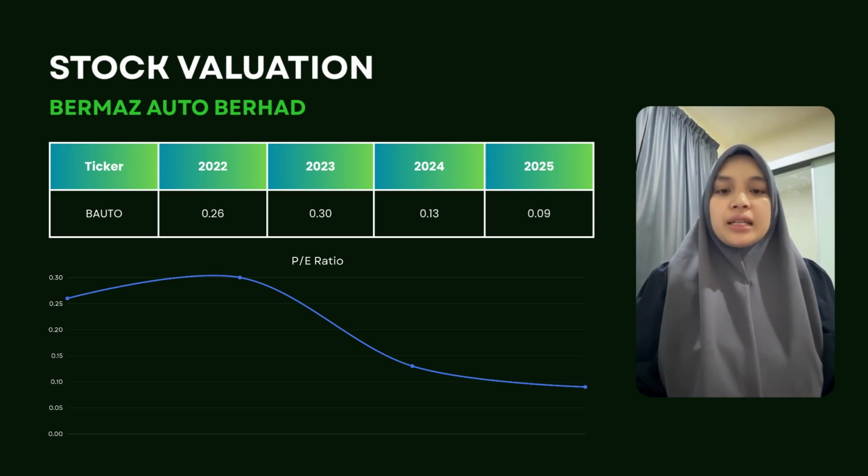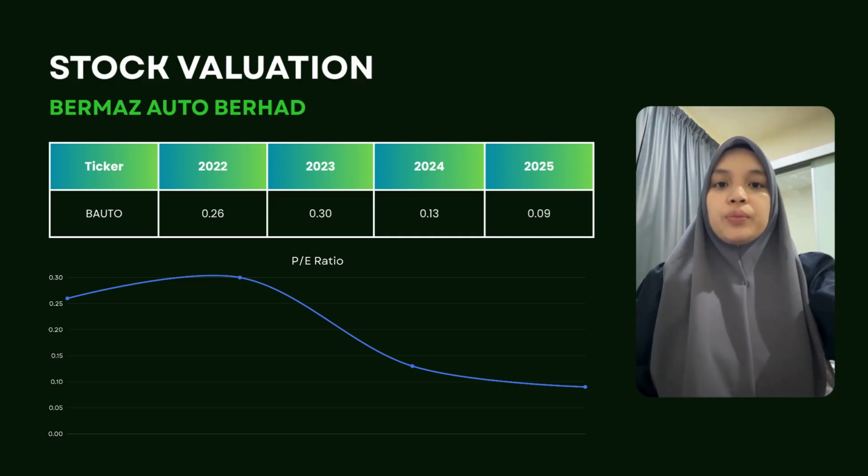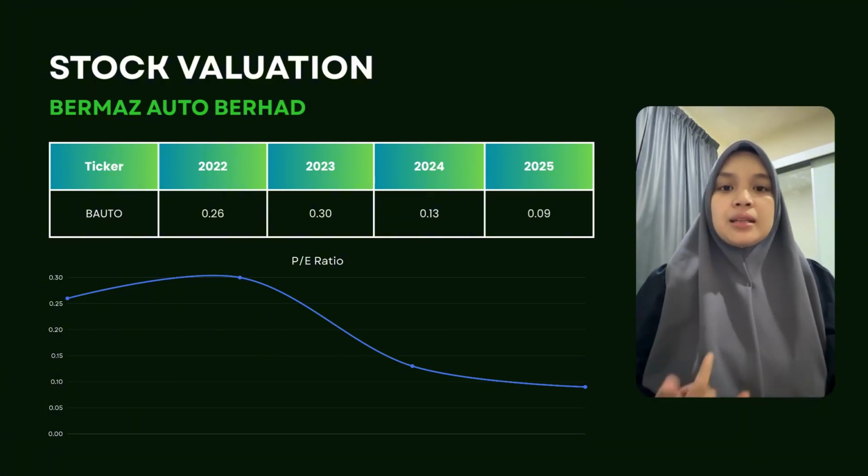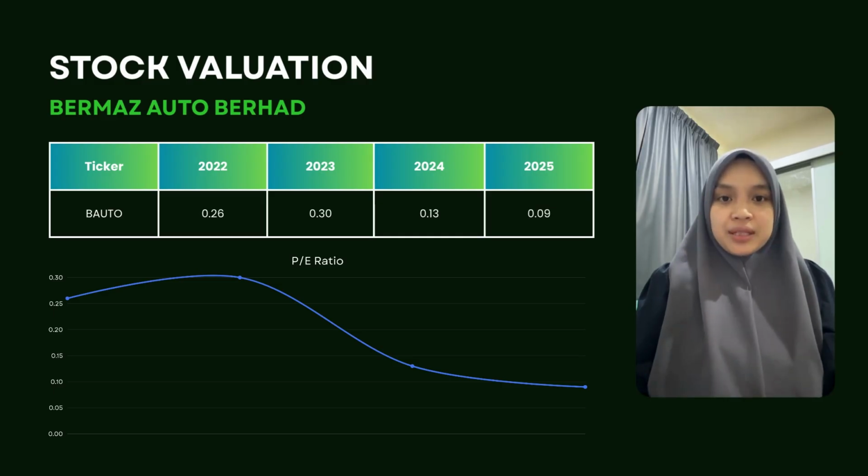However, based on analyst forecast, Burma's October Height EPS is expected to improve steadily from 2026 to 2028, suggesting better profitability in the coming years. This indicates a positive long-term outlook if the company continues to deliver strong financial performance.